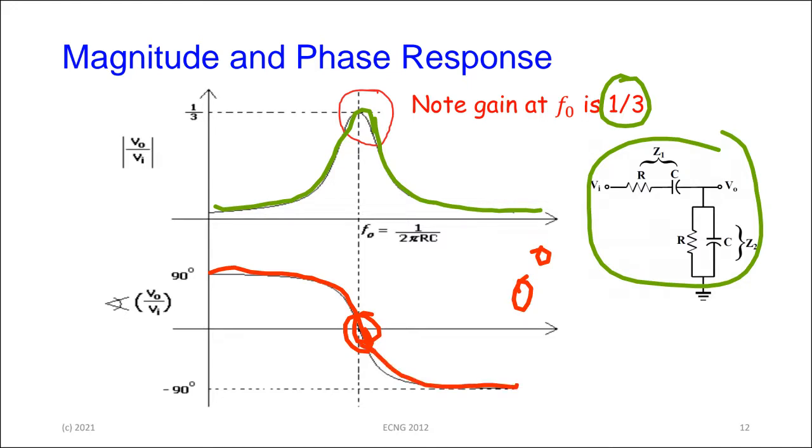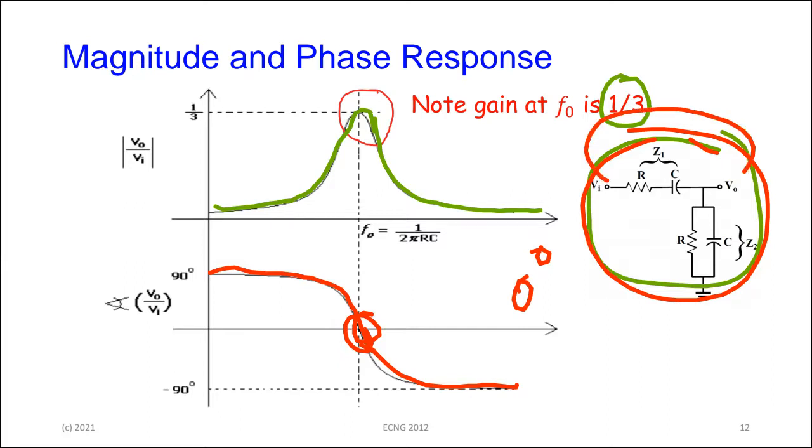So you remember the Barkhausen criteria. If this is our network here, we take the output and send part of it back to the input.